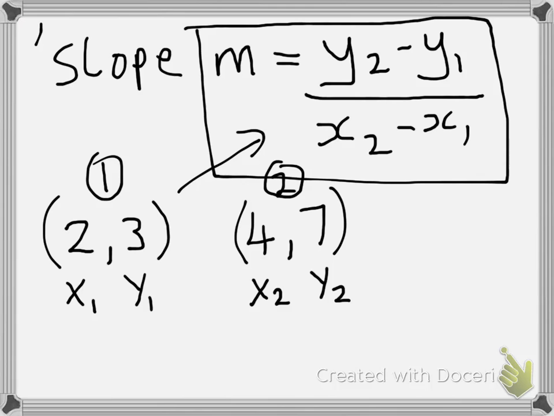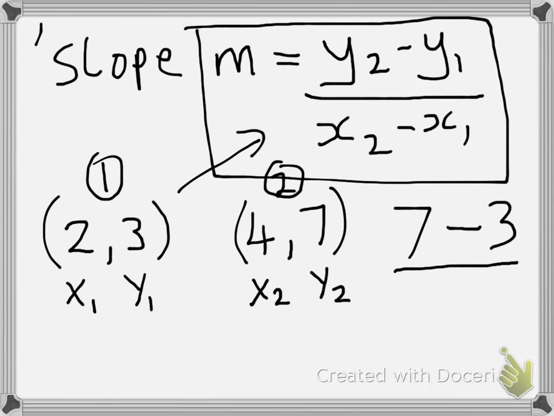Look, the first thing here is y2. Here is y2. So that's 7. That's y2. Take away y1. Here's y1, the number 3. So I'm going to take away 3.